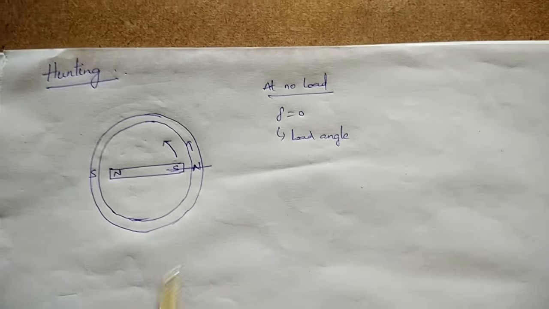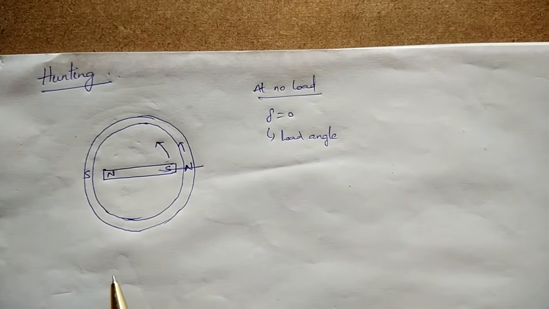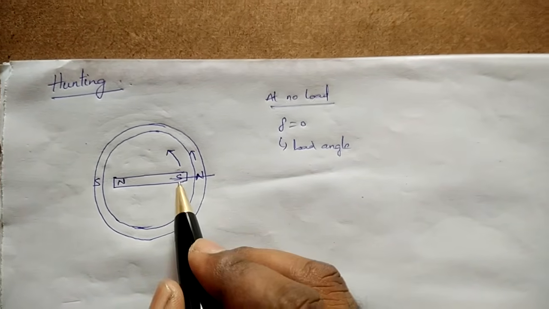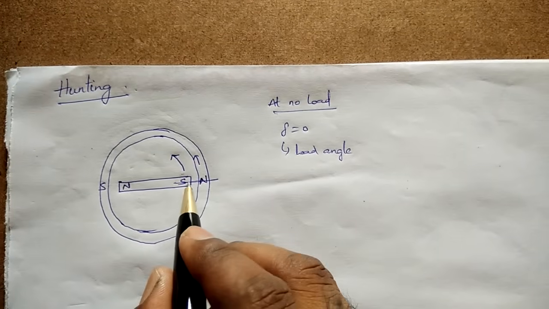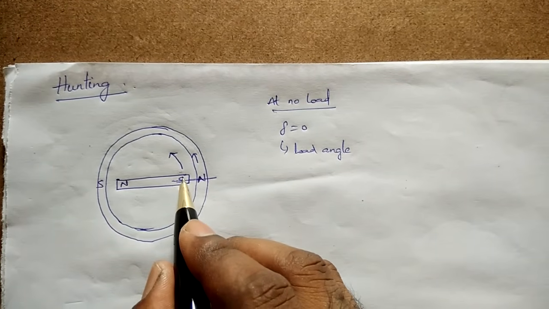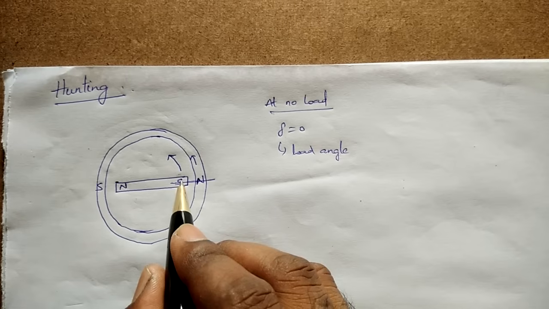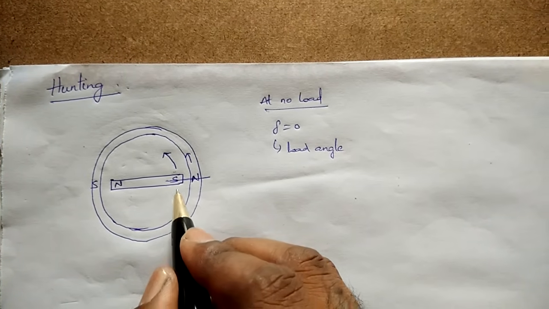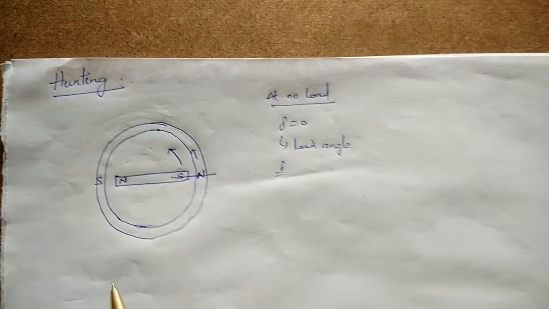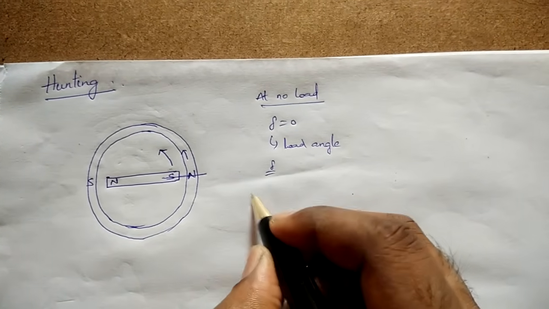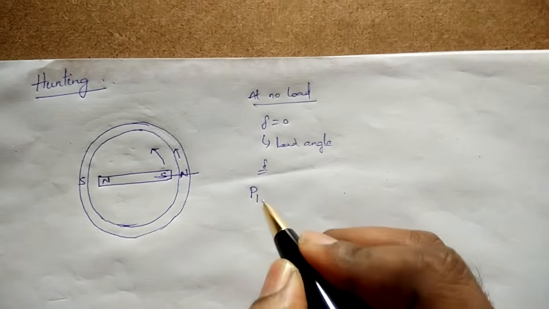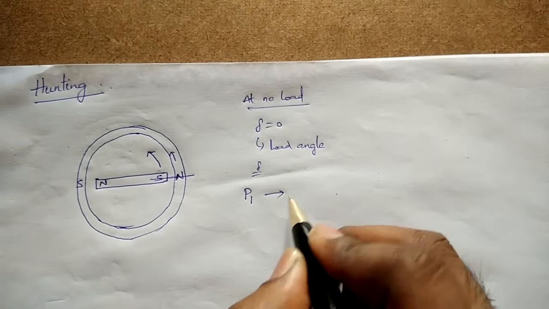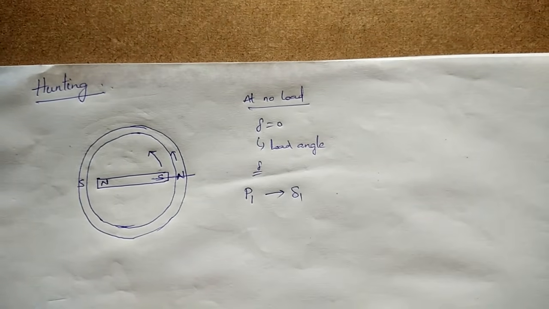Now if you increase the load, suppose you put some load, these two will not align with each other. The rotor will lag by some angle delta, which is the load angle. Let us take a load of P1. For that load P1, the load angle will be delta 1.